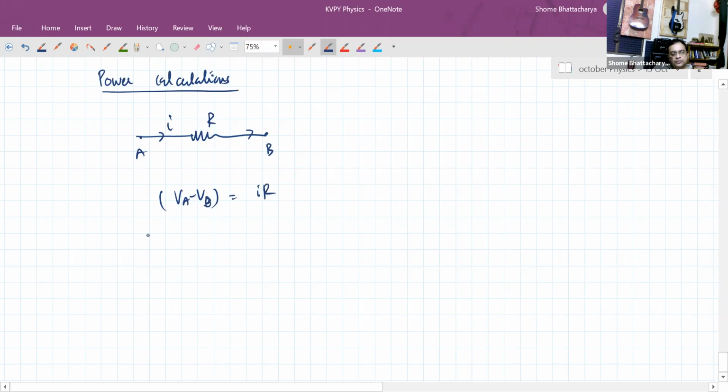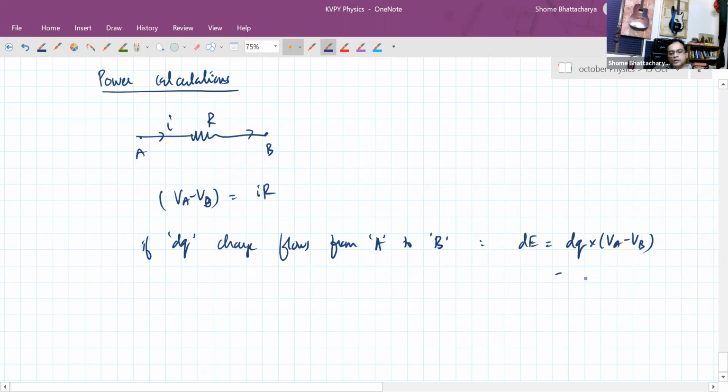So we know that if charge dq flows from A to B, by definition of potential difference, which we had seen earlier, the energy dissipated will be the charge going into the potential difference. Okay, so it will be dq into IR. This is the energy dissipated when charge dq is going across that potential difference.